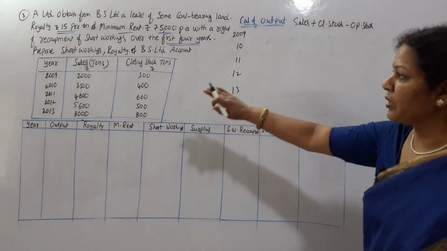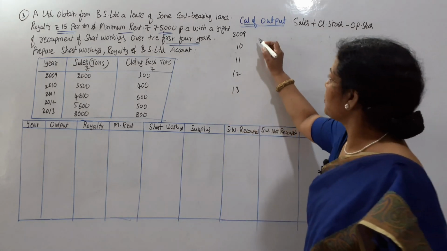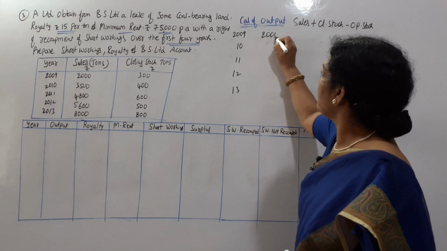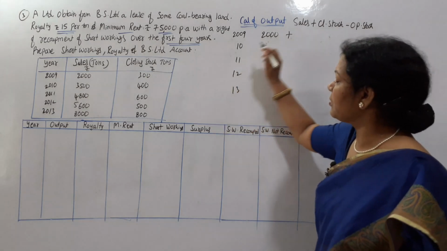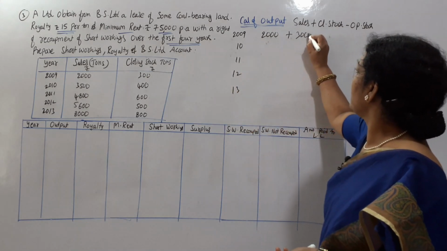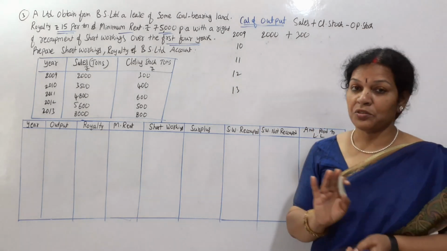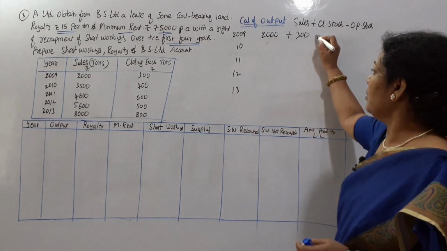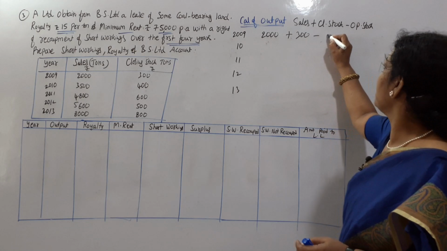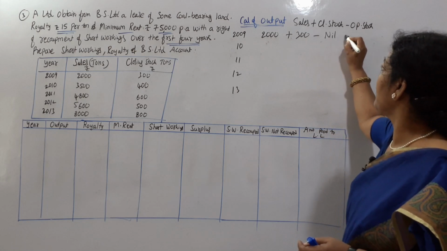So for the first year 2009, sales is 2,000 plus closing stock 300. Do we have opening stock? No. So opening stock is nil.